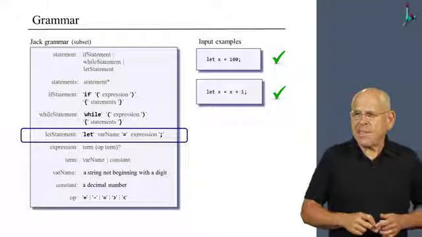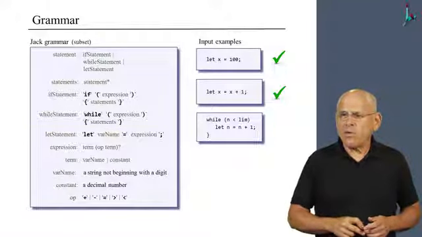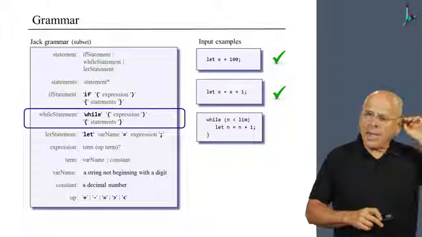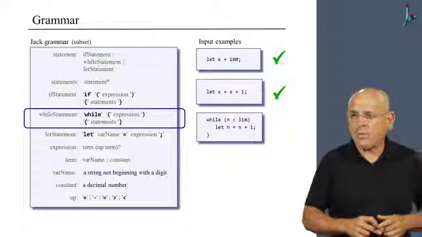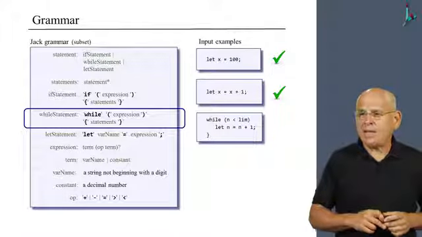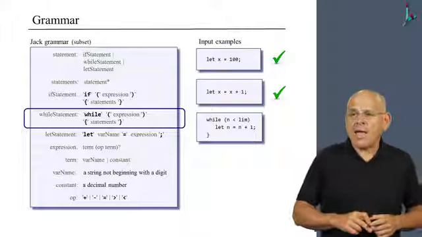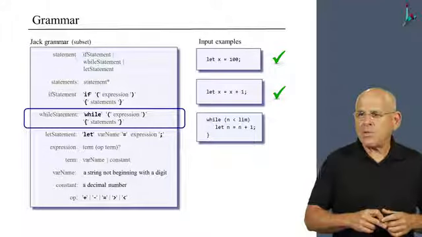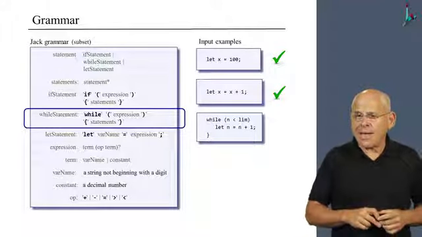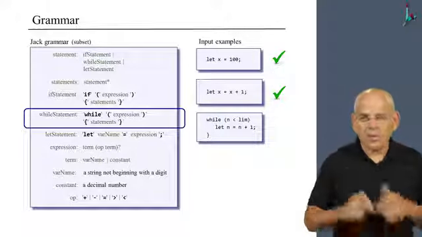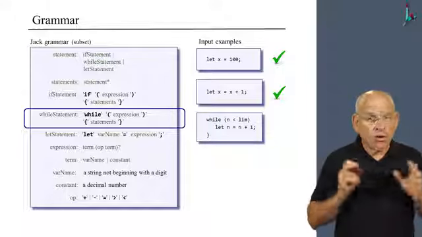What about this input here? Well, let's see. It looks like we have a while statement. Indeed, we have a while at the beginning. Then we have a left paren. Very nice indeed. Then we have n less than lim. And if you will analyze it, you will see that n less than lim is a legitimate expression. So far we are okay.